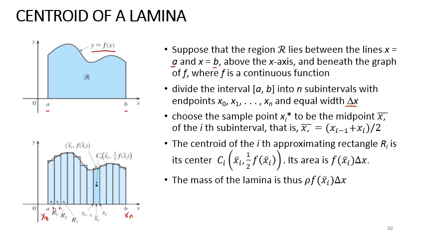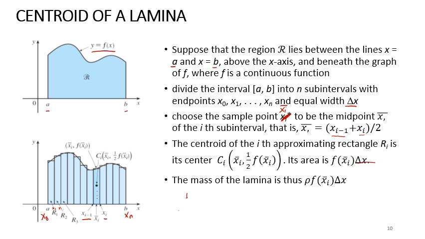We have a sample point here. Let's take xi minus 1 and xi. In the middle of xi minus 1 and xi lies xi bar. So let xi bar equal the average of xi minus 1 and xi, that is, xi minus 1 plus xi divided by 2.